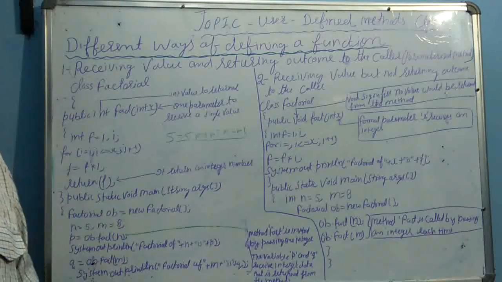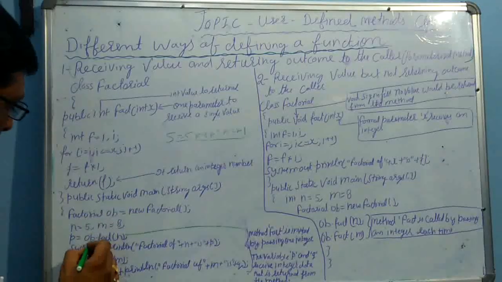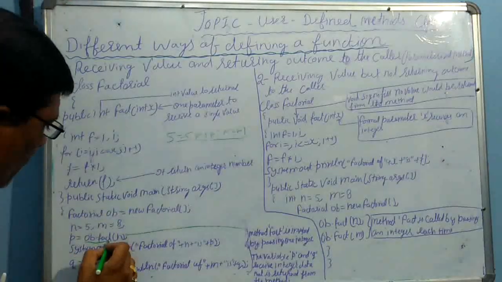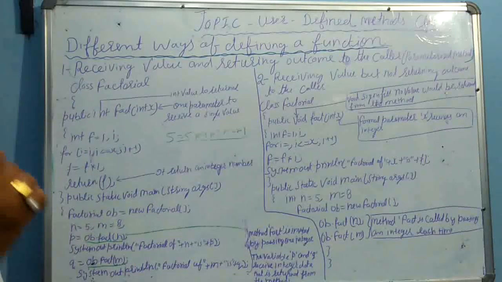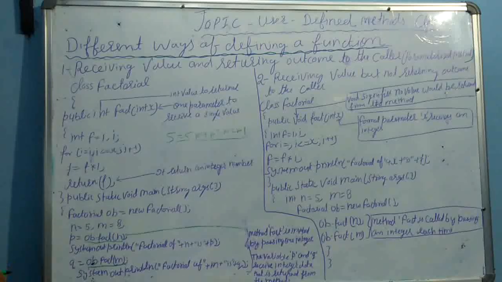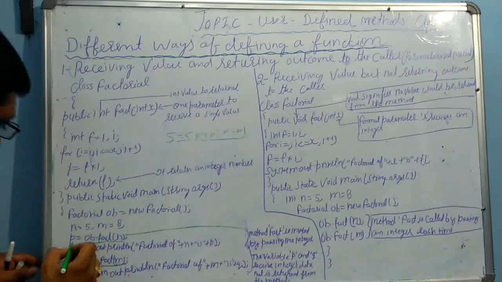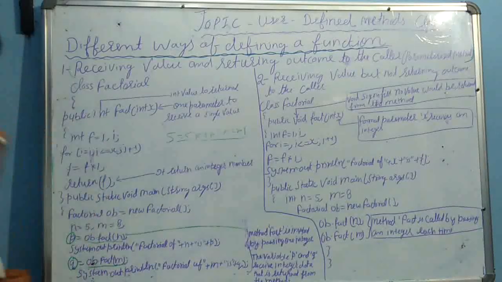In this example, you are seeing the function calls ob.fact(n) and ob.fact(m). Look very carefully, they are assigned to the variables p and q respectively. Clear? So what do these indicate?